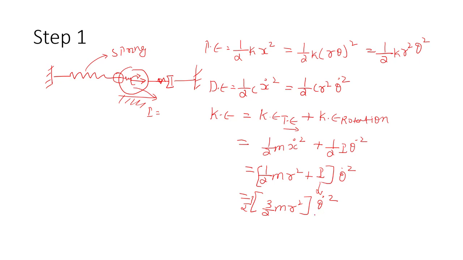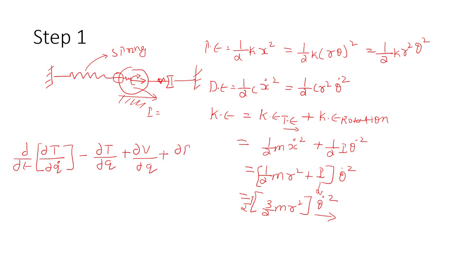Now what we have to do is substitute all the values in the Lagrange equation. If we recall, the Lagrange equation was d by dt of dT by dq dot, minus dT by dq, plus dU by dq, plus dR by dq dot, is equal to Qi.